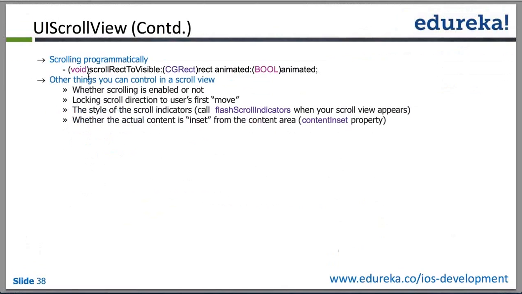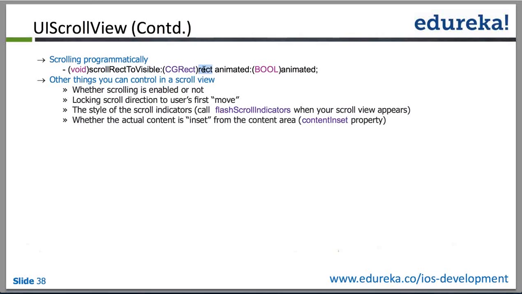You can use the method scrollRectToVisible, which will scroll using some animation on the screen to the rectangle that is best possible to show. So if you give 10, 10, 150, 200, it will automatically move to that rectangle, which is the frame or the bounds where the image is present.